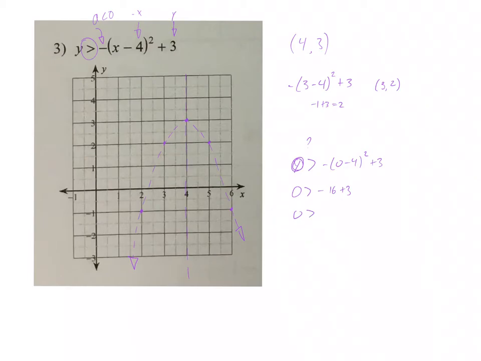Is 0 greater than a negative 13? That comes out to be a true statement. So then, yes, indeed, I'm going to want to shade everything outside of this. Like so.